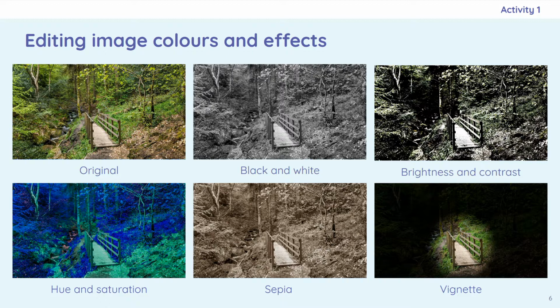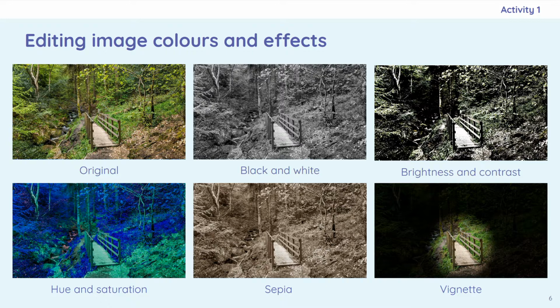So they've used a tool where they've slid a little slider to make the brightness different and the contrast, and I'm going to show you how to do that in a moment. Then the hue and saturation, you can see the colours are very different, and again that's done on a sliding tool which I'll show you in a moment.